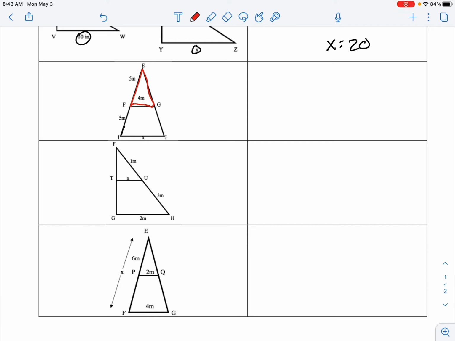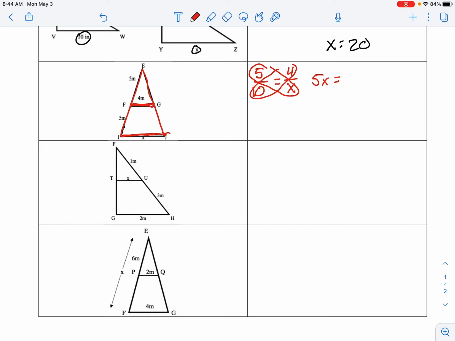Small triangle here, so we're going 5 is the same as, well, for the big triangle, that side length will be 5 and 5, which is 10, equals, and then we did the small triangle first, so 4 would be this side length here, and that corresponds with x down here.